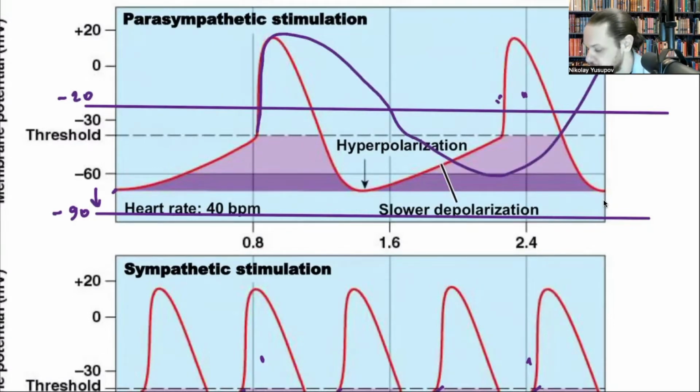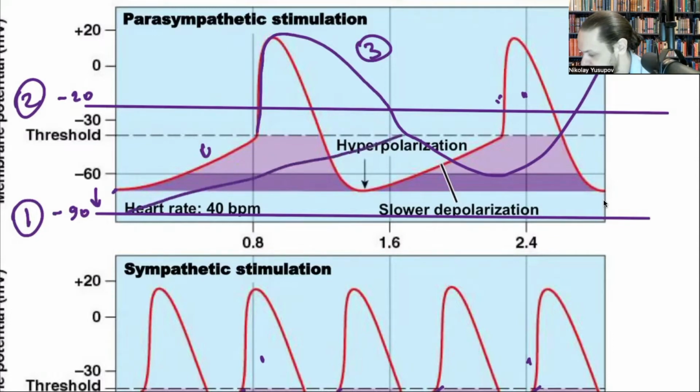So let's say this is drug 1, this is drug 2, this is drug 3, and another drug I can give you can also decrease this, could make it like this.